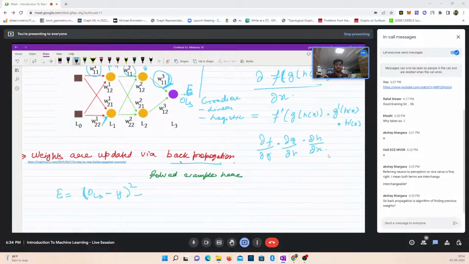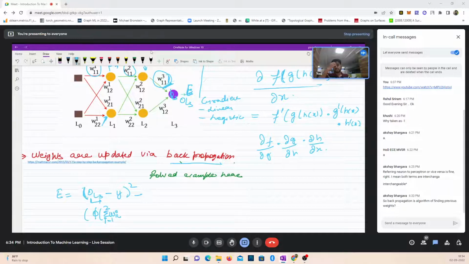Now this output of layer 3 will be based on the activation function phi of L3, right? So this can again be replaced as phi of the summation w1i, with i equal to 1 to 2, times the activation phi of L21. I'm just taking this example as my reference.